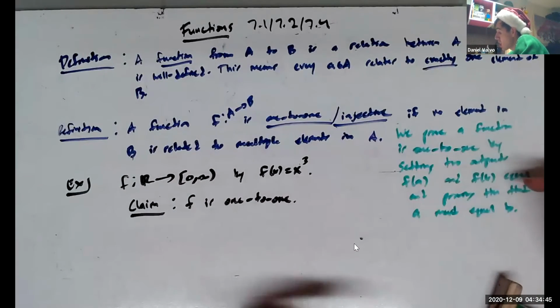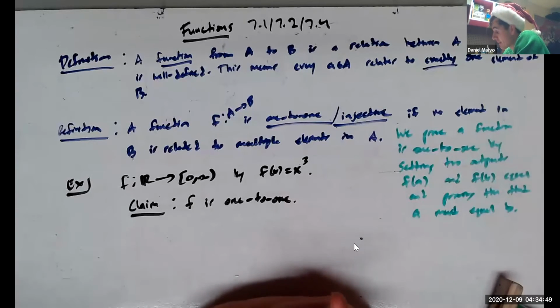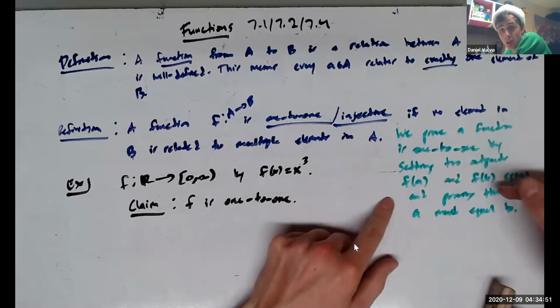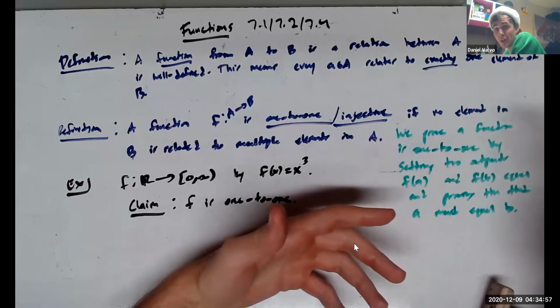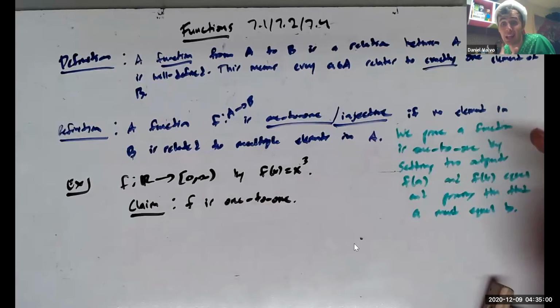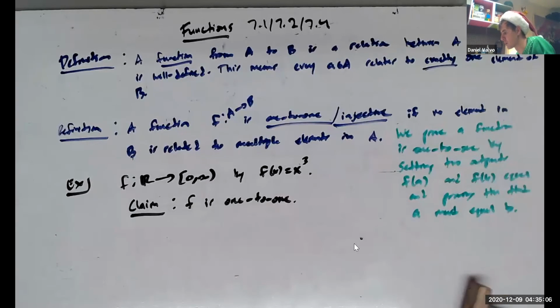You're kind of going like, okay, let's assume there are elements A and B such that f of A does equal f of B. And then you're proving that A must equal B, which basically means that if f of A equaled f of B, then we must have A equals B. So it can't be different. There can't be two different elements that map to the same thing in B. Therefore, f is 1 to 1.